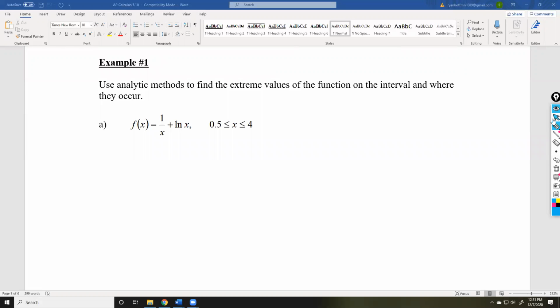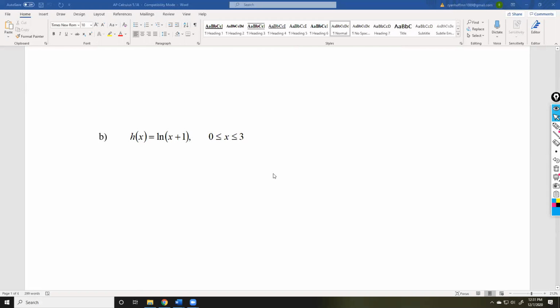Let's start, actually, this is a more complicated example. Let's start with the simpler one. Natural log of x plus 1. So let's find the derivative here. Well, the derivative of natural log of x plus 1 is going to be 1 over the function, so 1 over x plus 1.